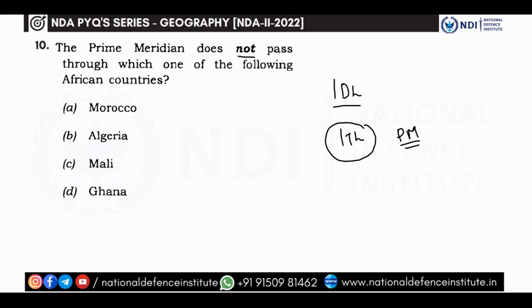They are all African countries, and which of them are not falling on this one?